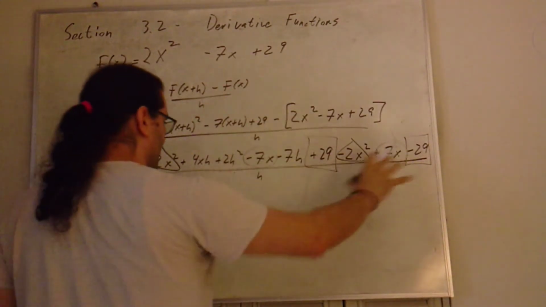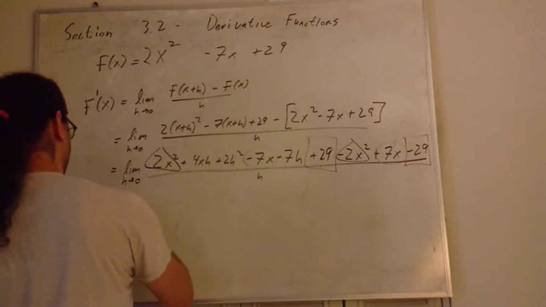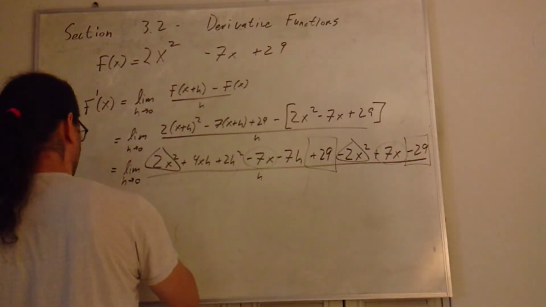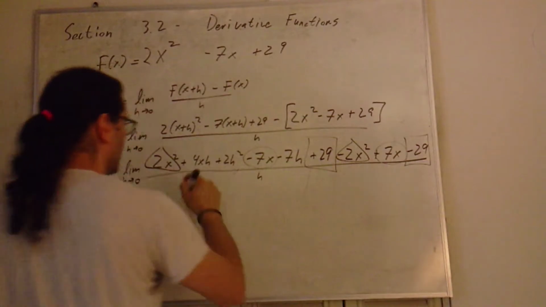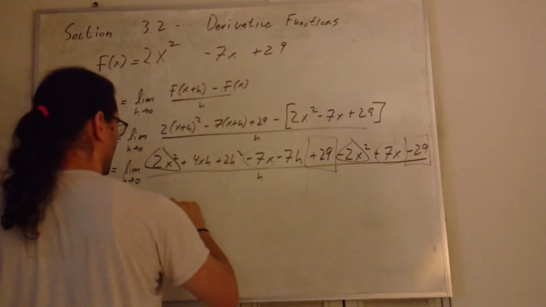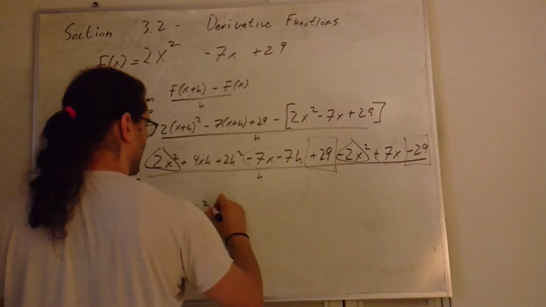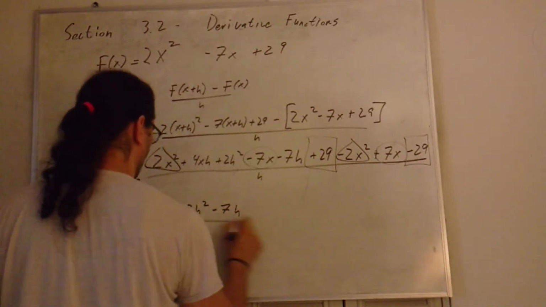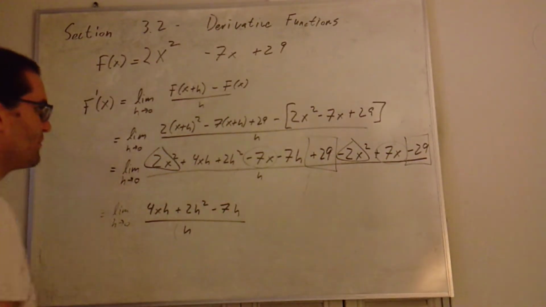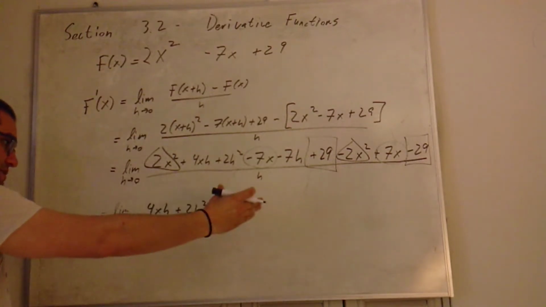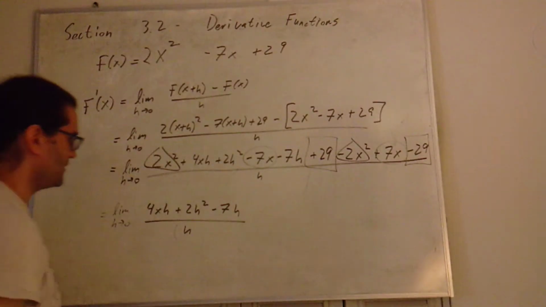So all of these things cancel, and now we have the limit as h goes to 0 of 4xh plus 2h squared minus 7h all over h. Because the only things left on top have h's in them, we can cancel that with the h on the bottom.